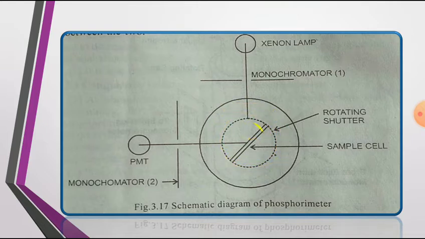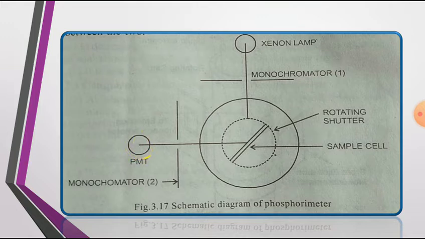Then the sample solution absorbs the UV light and emits a phosphorescent beam, and that will go through this exit shutter and reach this monochromator number 2, that will absorb UV light which may be coming along with the phosphorescent beam, and only pass the phosphorescent light which is emitted by the sample and reaches this PMT, that is the photomultiplier tube, or you can say detector.